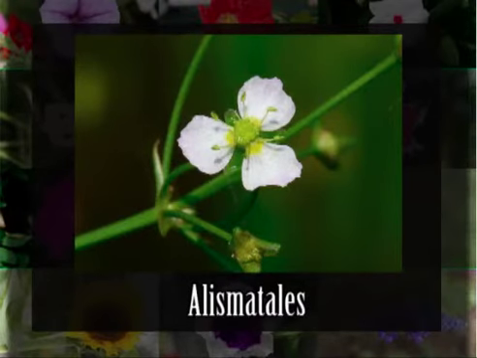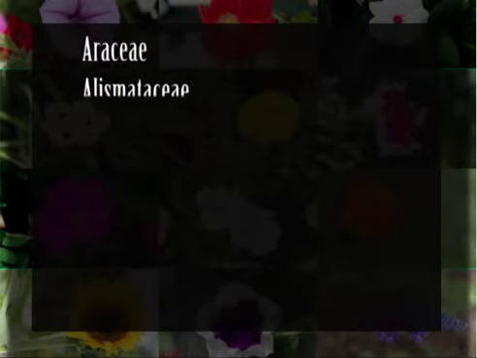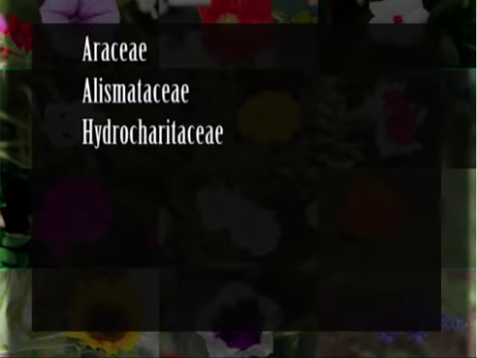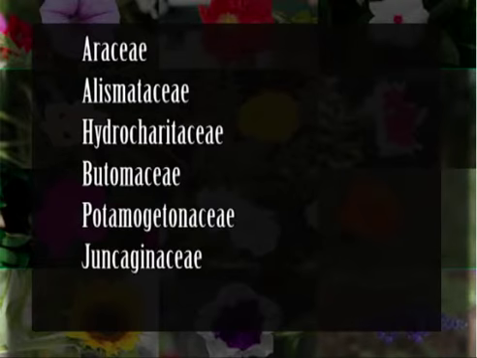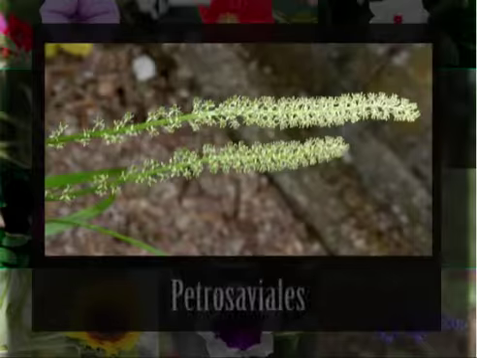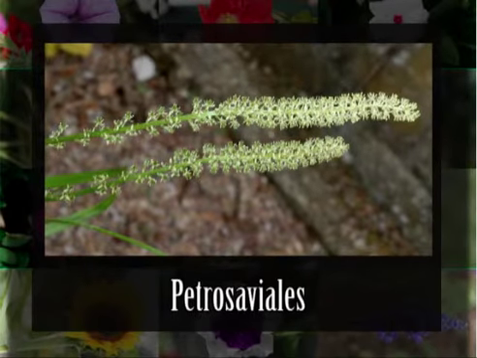This is a large order wherein we have several families distributed. The significant ones are Araceae, Alismataceae, Hydrocharitaceae, Butomaceae, Potamogetonaceae, Juncaginaceae or Zosteraceae. One more order is Petrosaviales. Again, it is not a large order, but here we have just a single family, Petrosaviaceae.